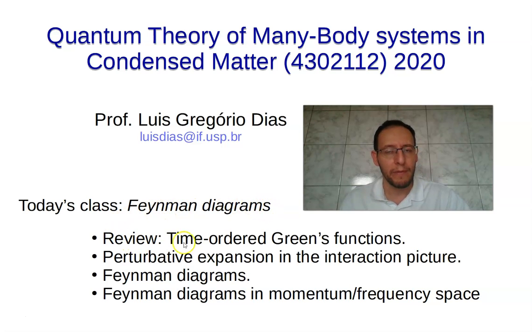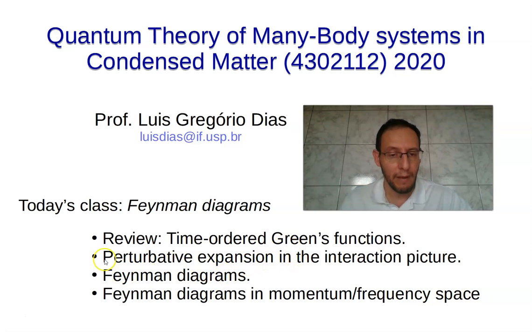We'll start with a review of the time-ordered Green's functions we saw in the previous class, in particular that perturbative expansion in the interaction picture, where we expanded the Green's functions in orders of the electron-electron interaction term. And we're going to see how we can use Feynman diagrams to express this expansion in a very elegant way.